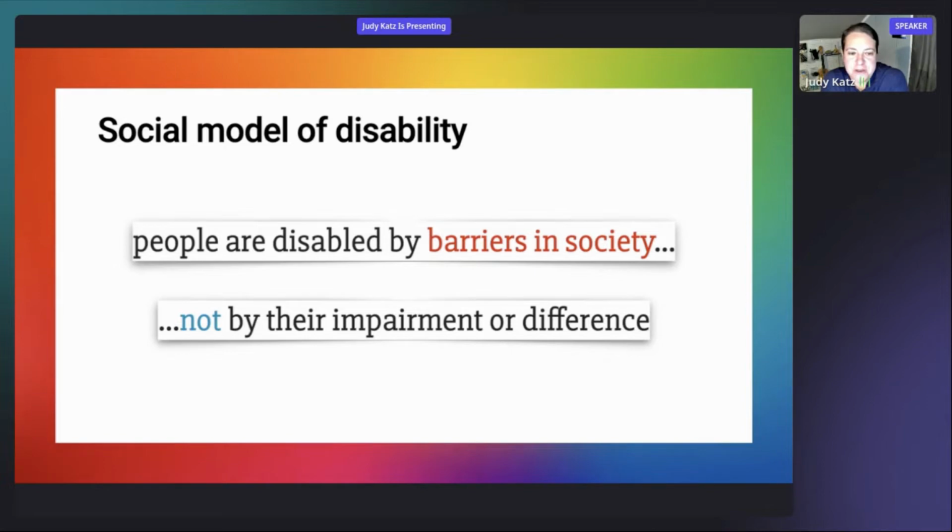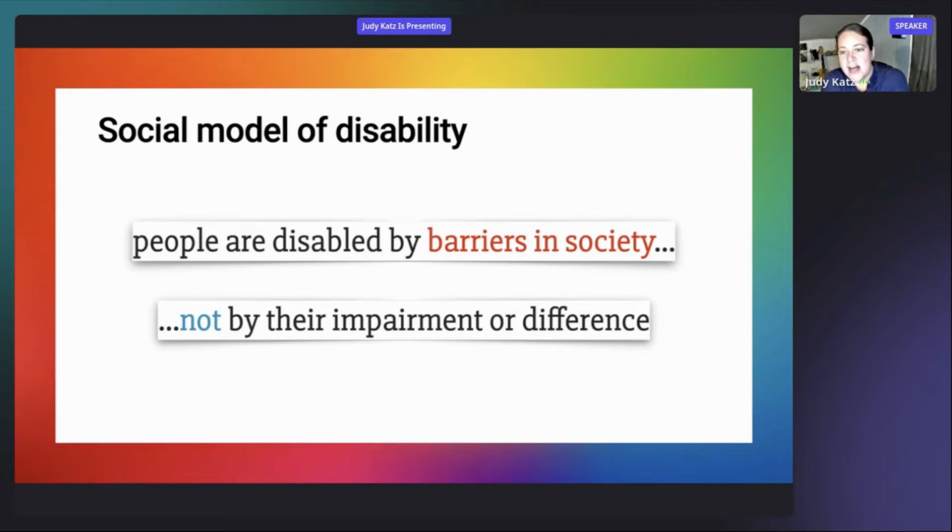Someone introduced me to the social model of disability, as opposed to our normal understanding of disability, where we are disabled by the impairment that we have or by our difference from the so-called norm. The social model of disability says that we are disabled by barriers in society, because society is not designed for us, and is only designed for the typical brains, the typical bodies, et cetera.